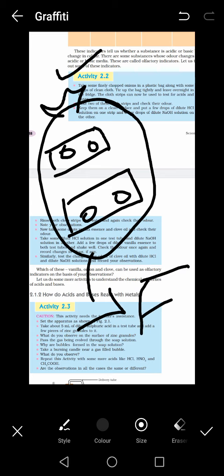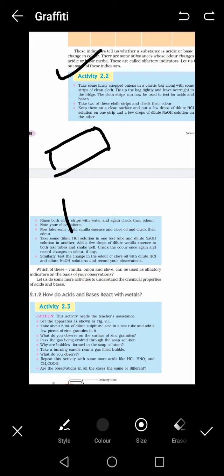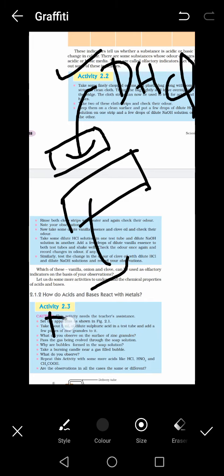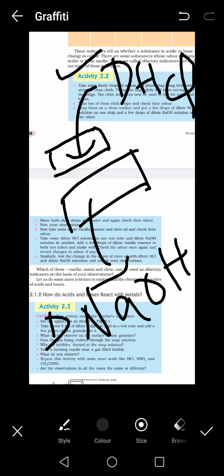Take it into the fridge overnight, and after taking the bag out of the fridge, remove the chopped onion and put some dilute HCl on the first strip of cloth and some dilute NaOH on the second strip of cloth and smell it.